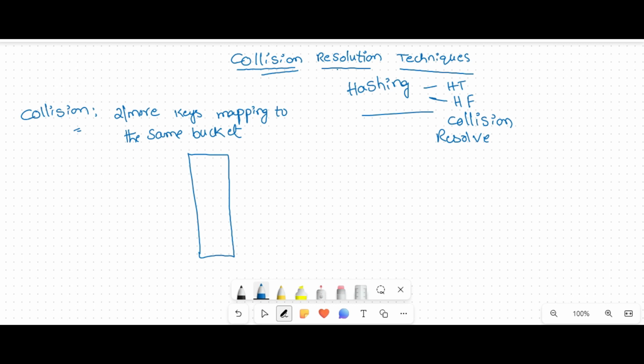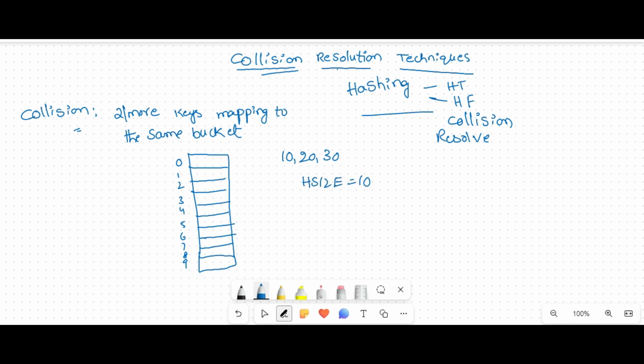That means, suppose this is the hash table 0, 1, 2, 3, 4, 5, 6, 7, 8, 9. Now I want to insert 10, 20, 30 with the hash table size 10.